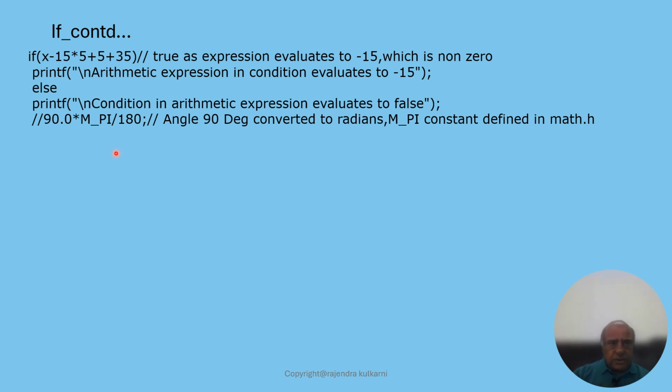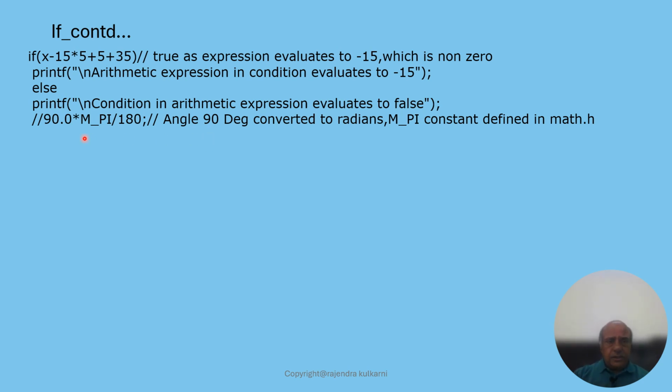Now in this statement which I have commented out, I am just explaining how an angle expressed in degrees is converted to its equivalent radian value, because all the trigonometric functions defined in the math.h file need the angle to be expressed in radians and not in degrees.